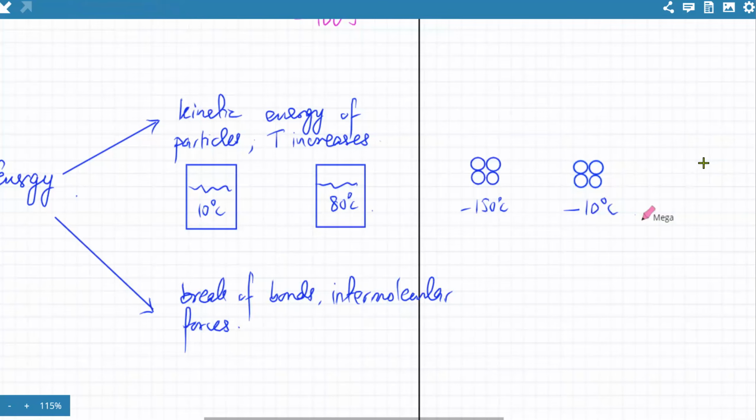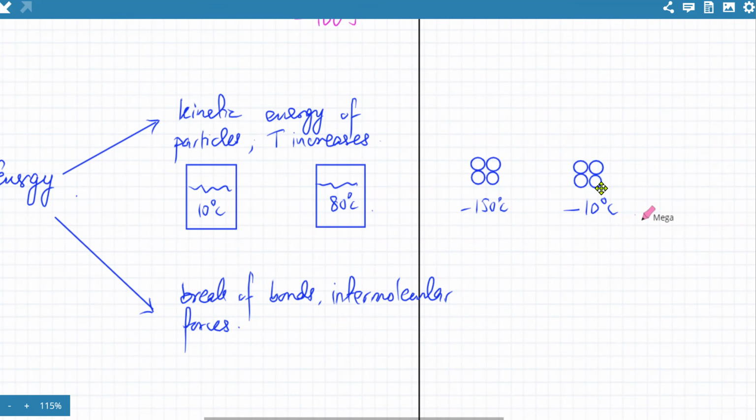Tell me, what happened to the disorder of the system? Was there much change? No. The particles would be vibrating a little bit harder, they would have more kinetic energy, but the disorder is not changing.